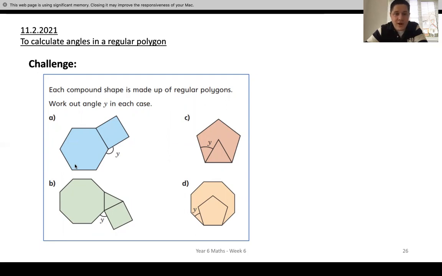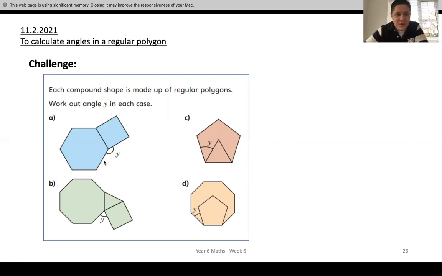So there's 4 triangles in a 6-sided shape. 4 times 180 will give me my total interior angles. Divide that by how many angles there are. 1, 2, 3, 4, 5, 6. So my total angles divided by 6 will give me this one here. So I've got 90, add the interior angle of a hexagon, and then that will give me y when I subtract from angles on a point, which I know is 360.